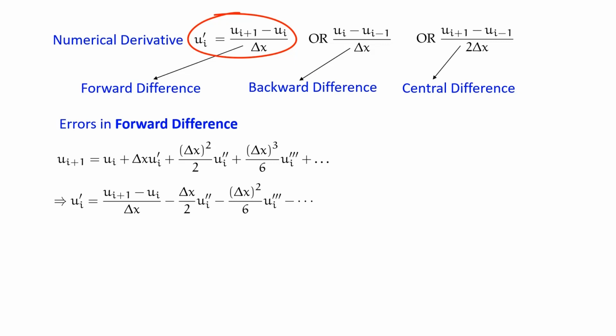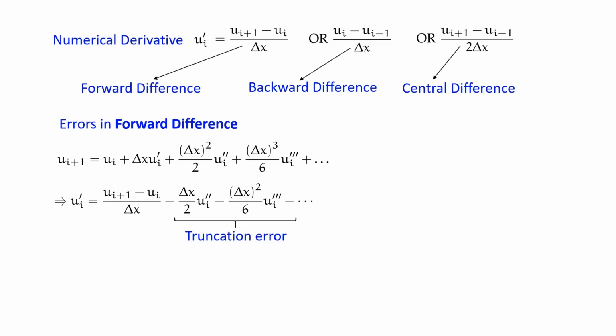This is the expression that comes from forward difference. So in numerical derivative we have written u i prime equals u i plus 1 minus u i by delta x, but now from Taylor series expansion we can see that the numerical derivative is this forward difference expression plus something.